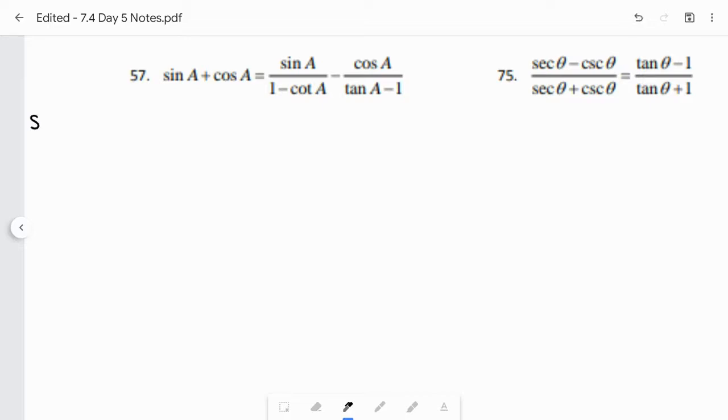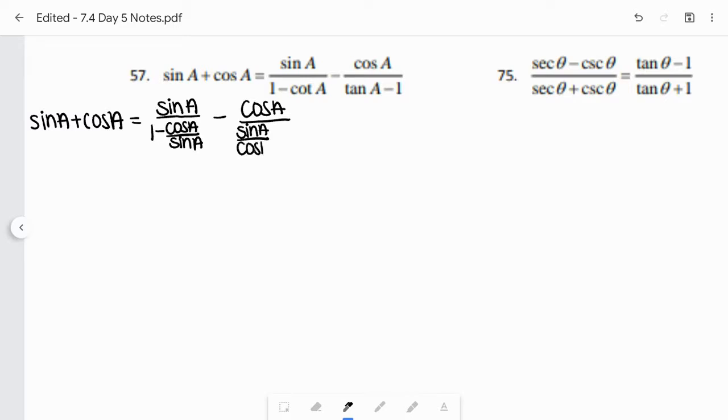So I am going to have sine A plus cosine A is equal to, I've got sine of A over 1 minus cotangent, remember, is just cosine A over sine of A, minus cosine A over tangent is sine of A over cosine A minus 1.